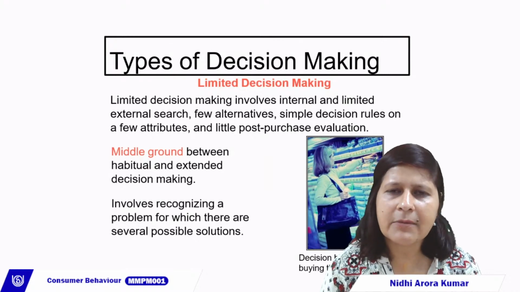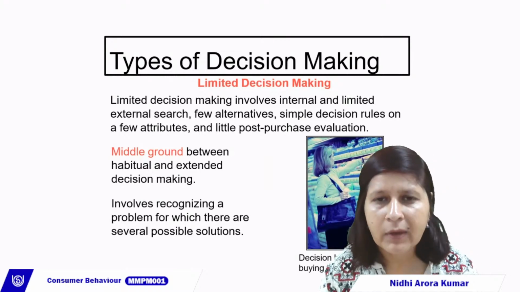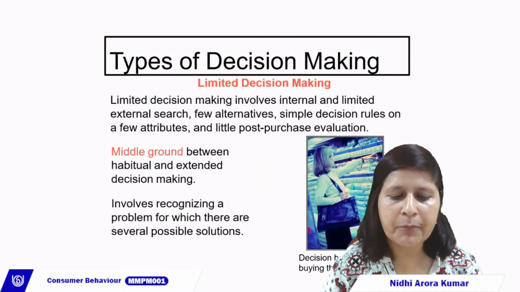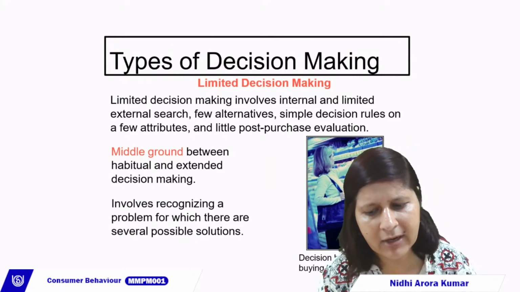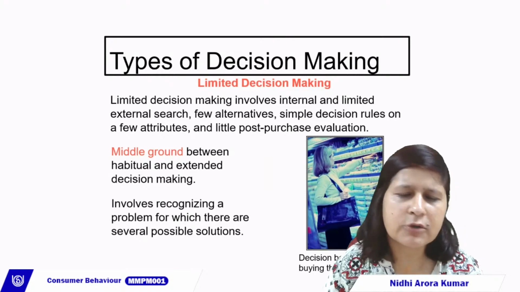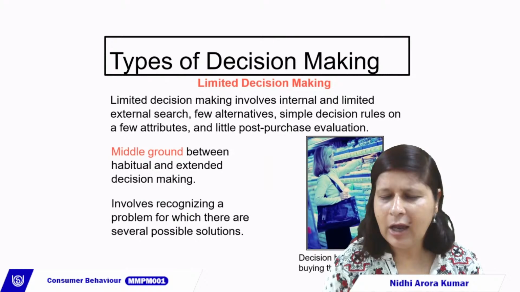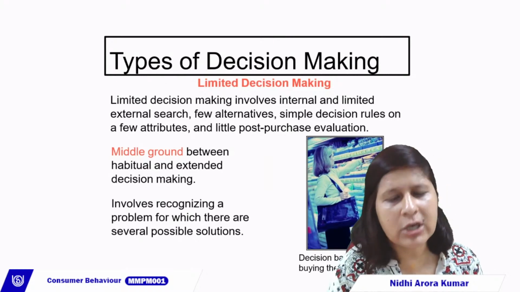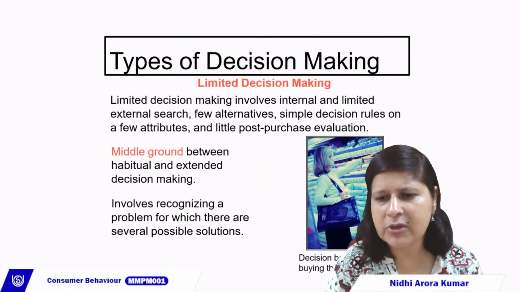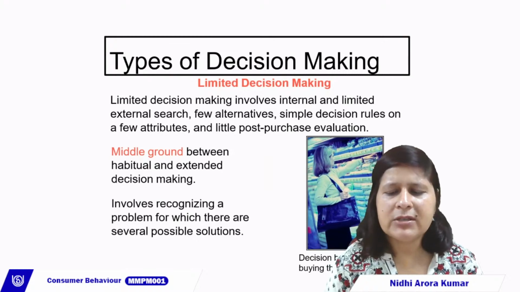It is a middle ground between habitual and extended decision making. It involves recognizing a problem for which there are several possible solutions, right? Suppose the decision is based on buying the cheapest roll, like a foil to wrap the chapatis.